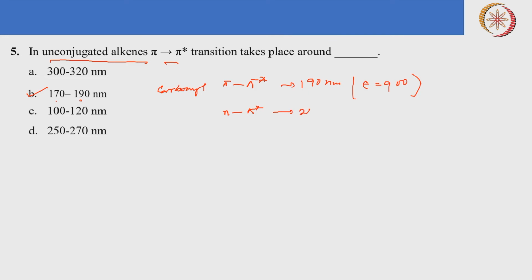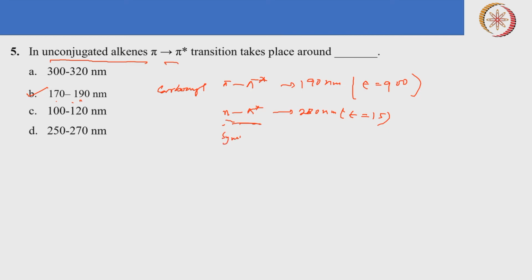If you have an n to pi star transition, it is around 280 nanometer with epsilon value around 15. So the answer for alkenes is 170 to 190 nanometer.